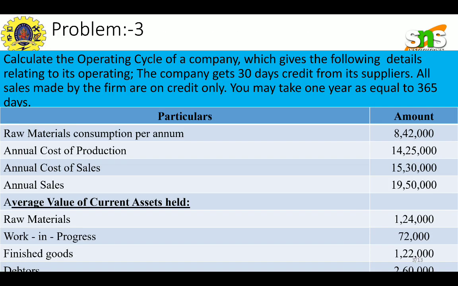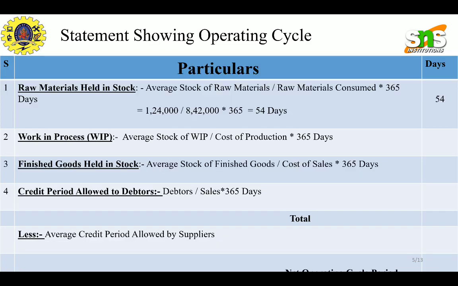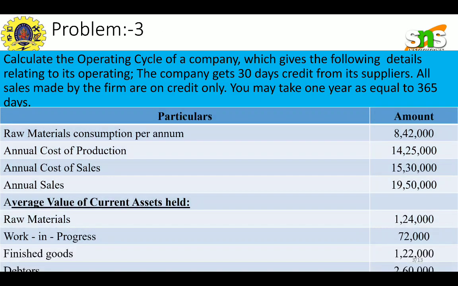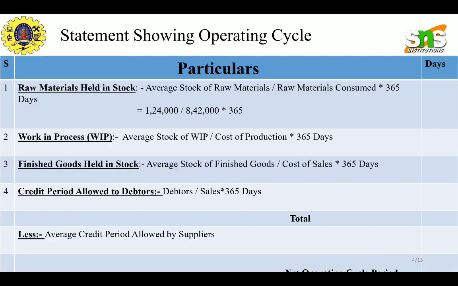The average stock of raw material is 1,24,000, divided by raw material consumed 8,42,000, into 365 days. Finally we get 54 days, which goes in the days column.